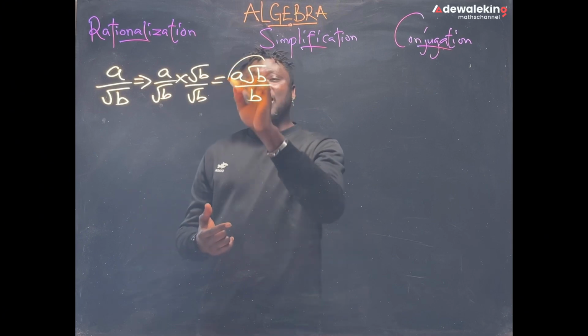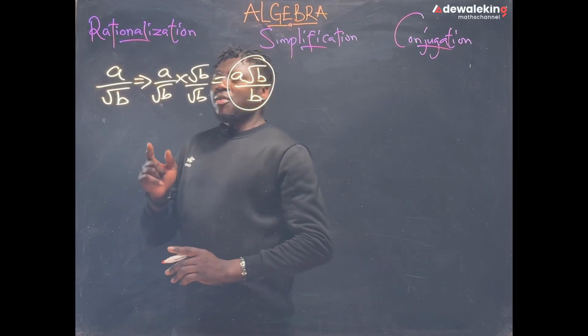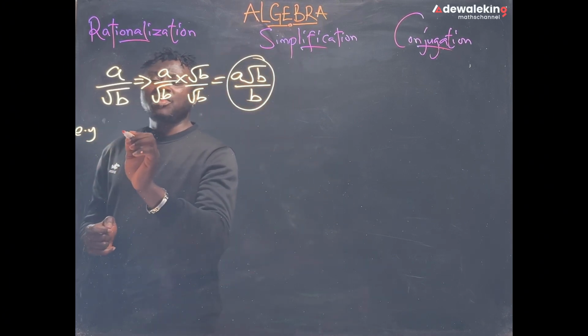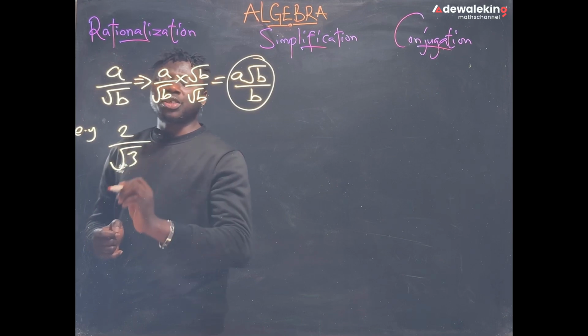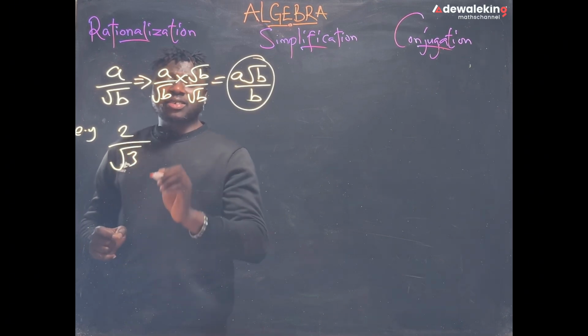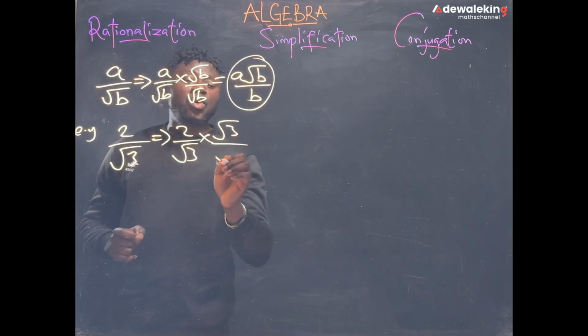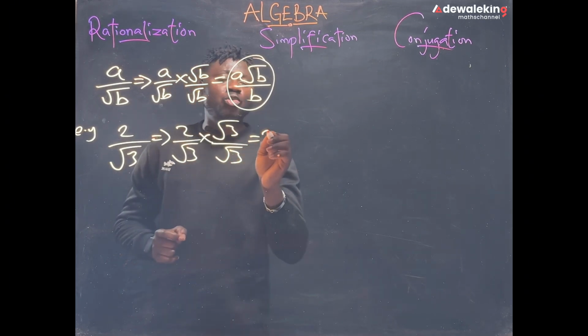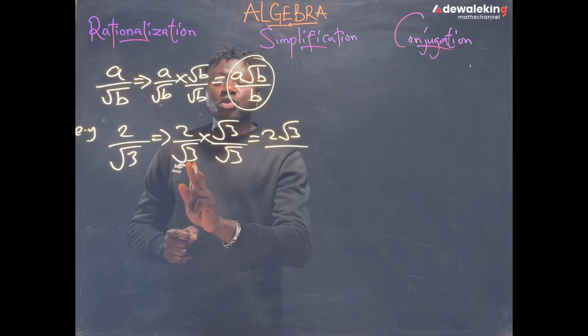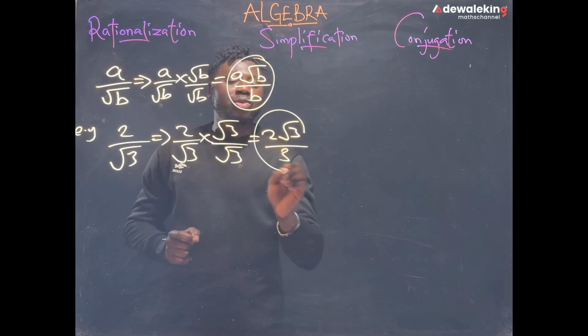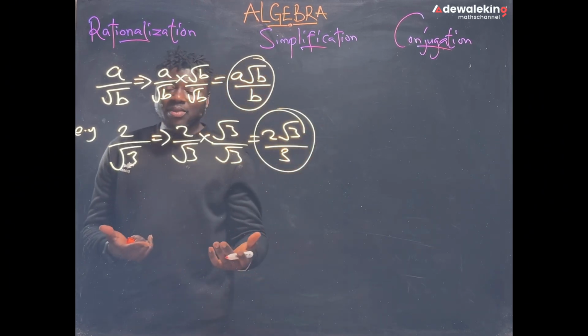For example, if I say 2 over root 3, to rationalize this, this will be 2 over root 3 times root 3 over root 3. And this will be 2 root 3 over 3, because root 3 times root 3 is 3. So this is the answer.